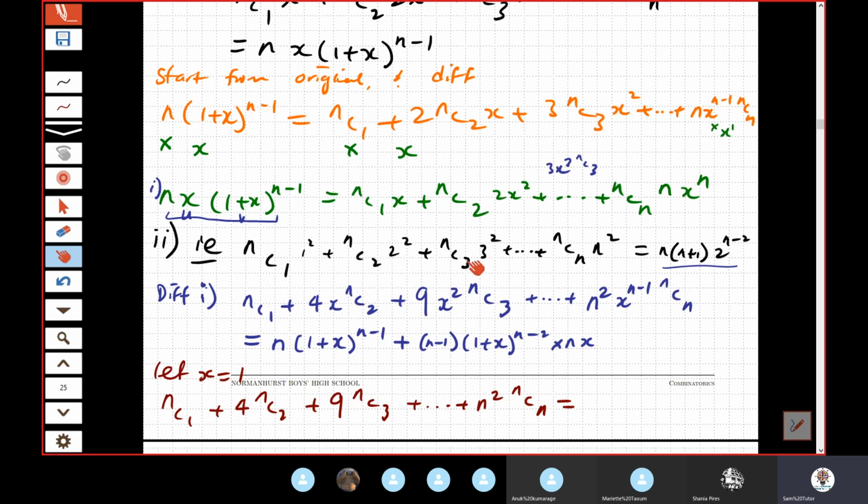What's the difference between these two? n choose 3 is the same. 3 squared is 9. My x would need to equal to? Oh, okay, I see. 1. n squared is the same. n choose n is the same. That's just 1.